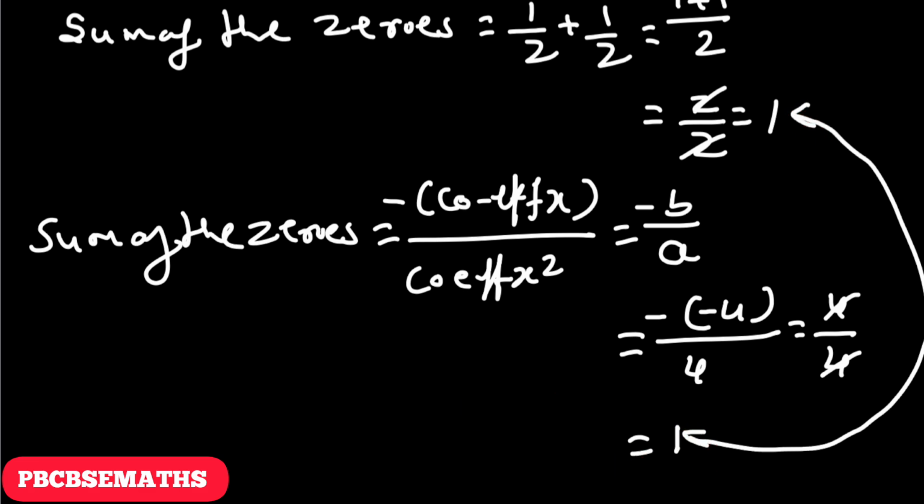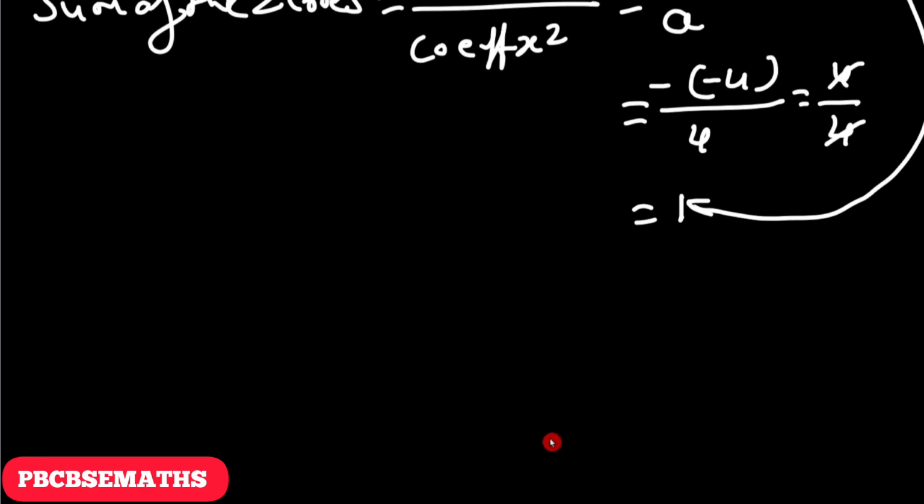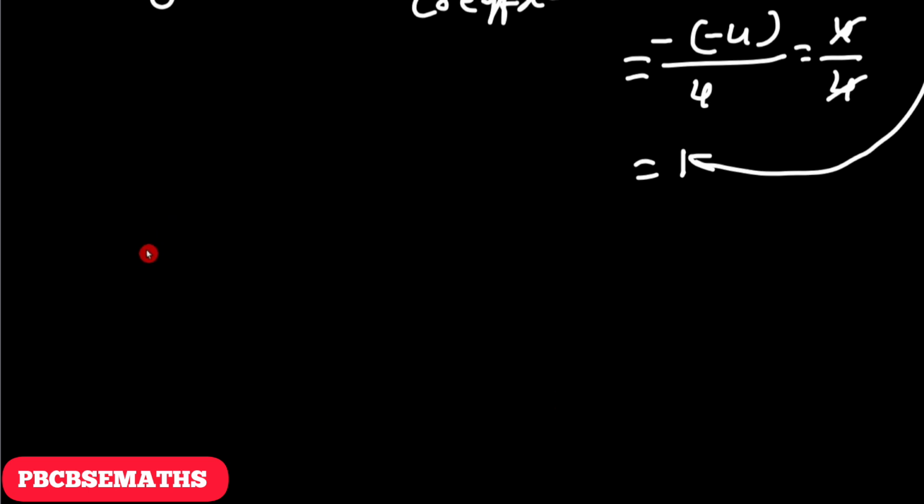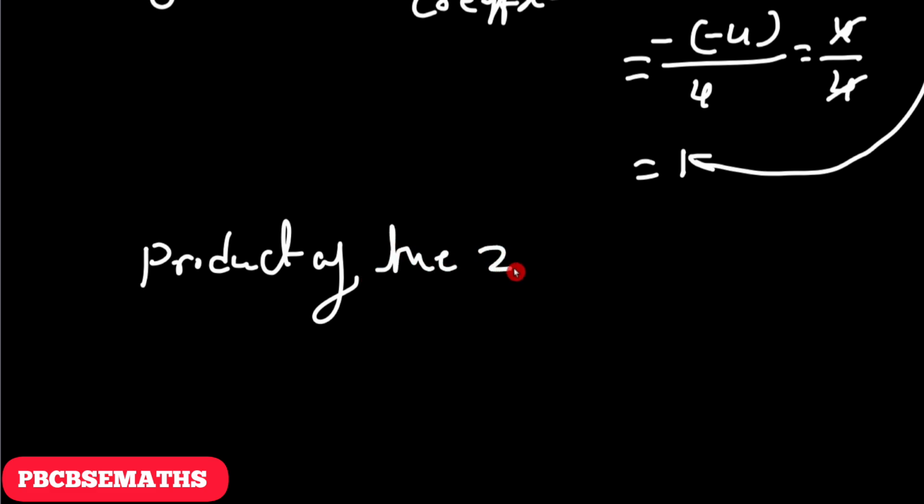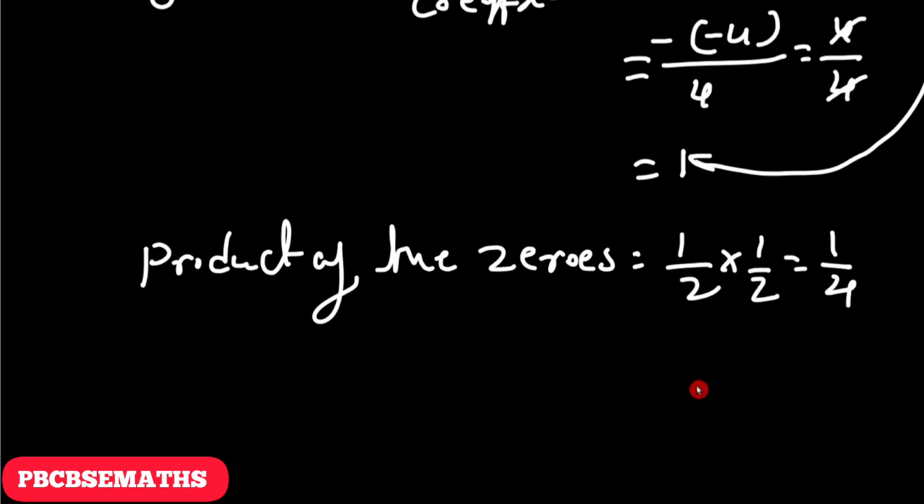Now let's try to find out the product of the zeros. Product of the zeros is 1 by 2 into 1 by 2, which gives us 1 by 4. Let's verify it.